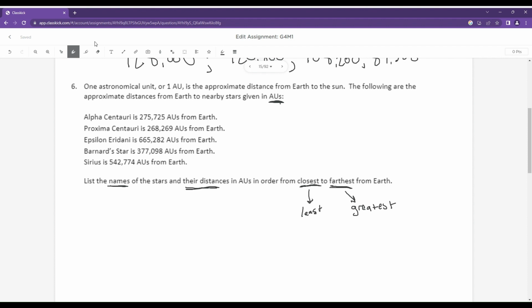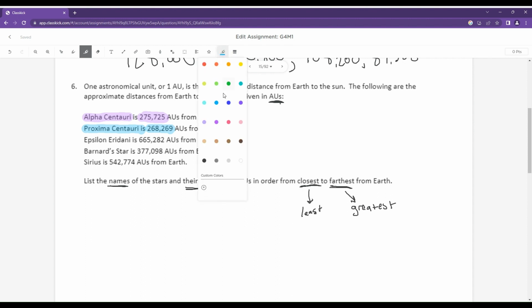All right? So let's take a look at these one by one. And I might butcher some of these names, but that's okay. Alpha Centauri is 275,725 AUs from Earth. Proxima Centauri is 286,269 AUs from Earth.